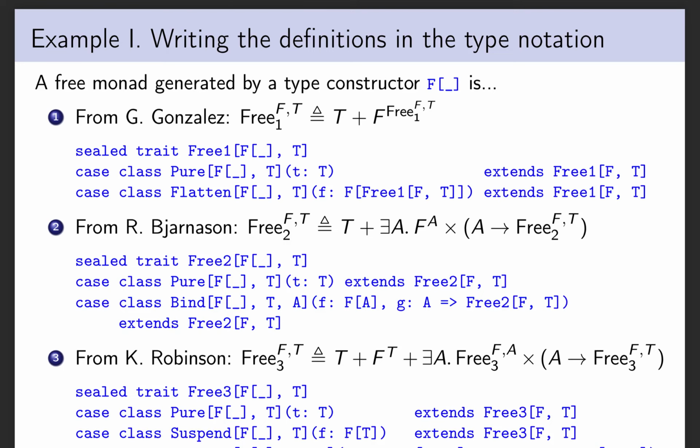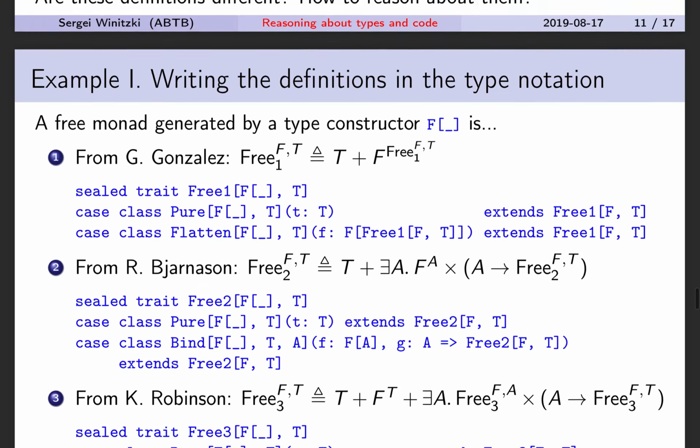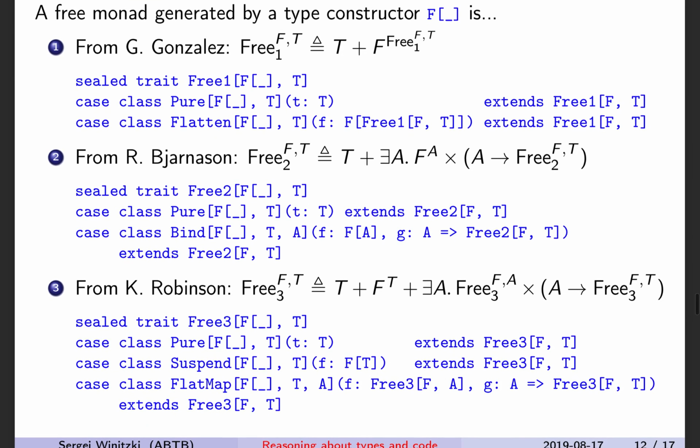So here's what I find if I rewrite this in the type notation. The first definition looks like this. Free of ft, free one of ft, is t plus f of free one of ft. So instead of two case classes, I have just a plus, and the first one is just t.